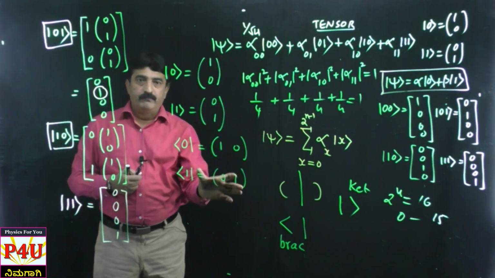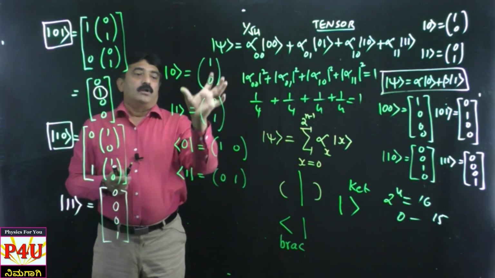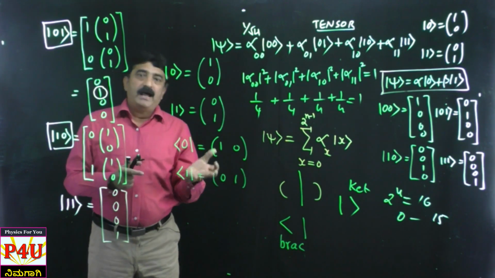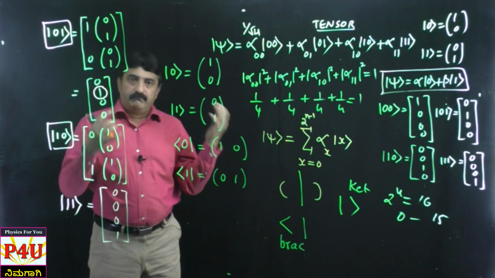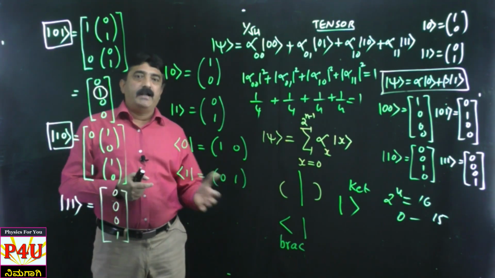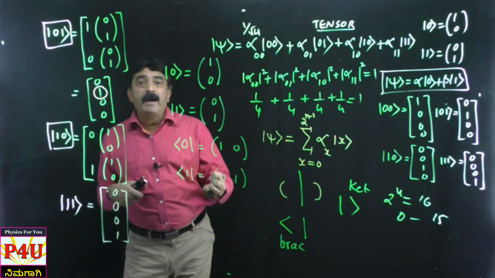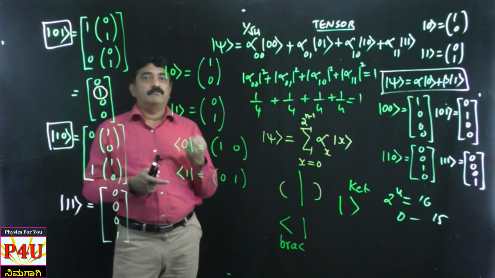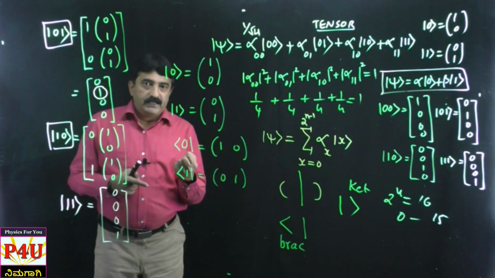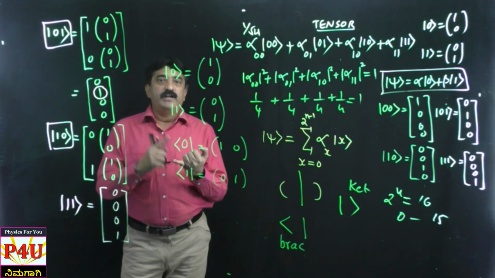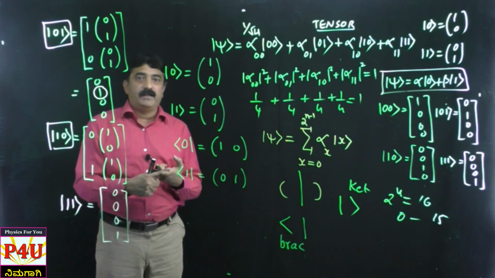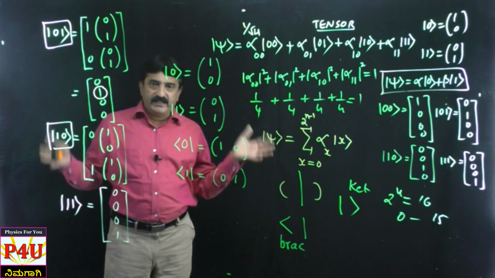So a column and a row can be multiplied, and a column and a row can be added. All these things demand proper knowledge of matrices. There are various operators: unitary operator, identity operator, null operator, inverse operator, complex conjugate, all these things.